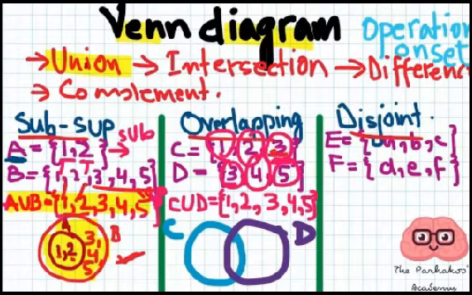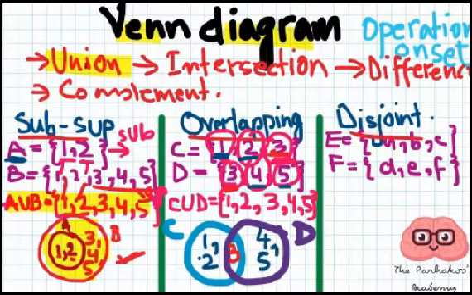So here we have 3 common. So 3 would go here because it is common in both of them. So this is part of D as well, and it is part of C as well. So 3. In C, we are left with 1 and 2. So 1, 2. And on the side of D, we are left with 4, 5.